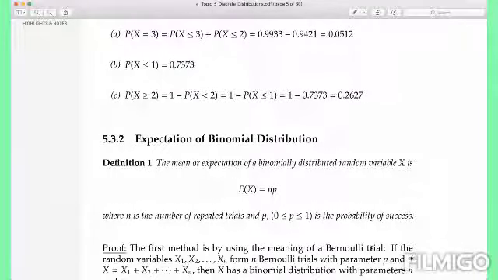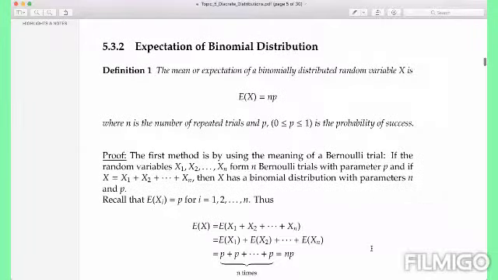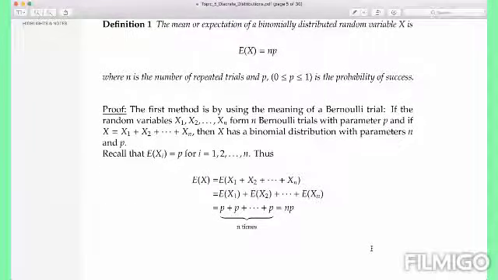Then you can also get expectation of a binomial using two ways. One could be to look at a binomial as a sum of n independent binary trials. They should be independent, and they are going to be n, and each has the same probability, or the probability of success is p all the way.